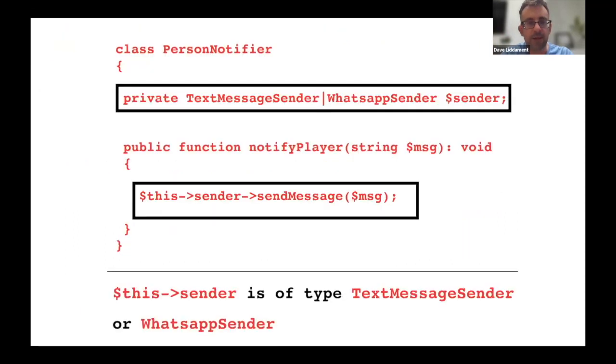Well, if we look at this code here in person notifier, we can see in this context $this sender could be a text message sender or a WhatsApp sender. In reality, I probably wouldn't do things like this. It sounds like they have a common interface, but this is just to show you that there are times when you could have something that could be two or more possible classes.